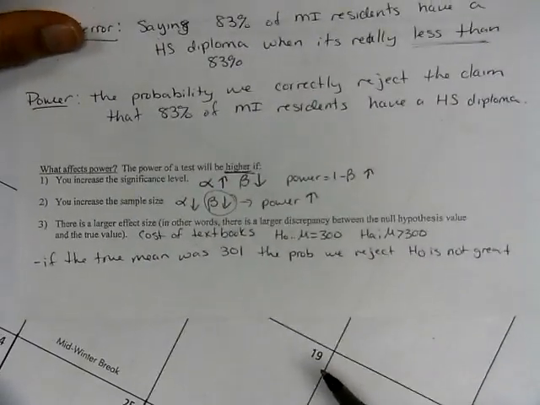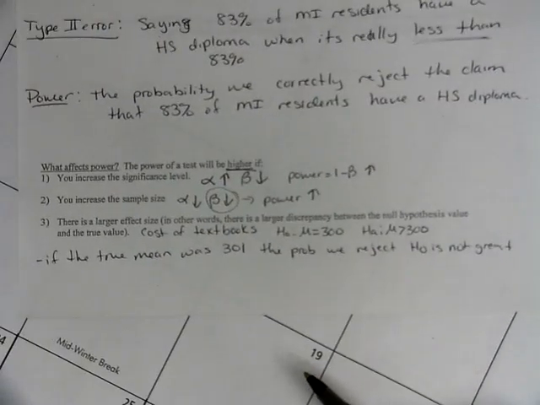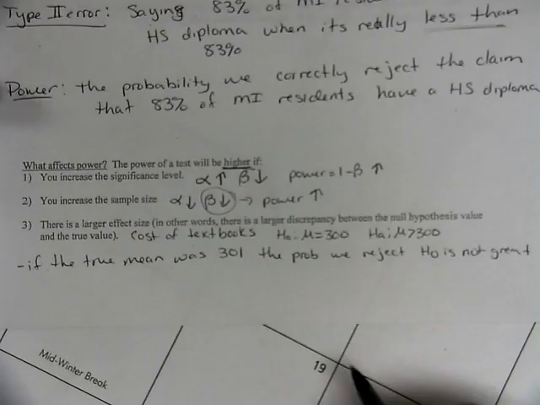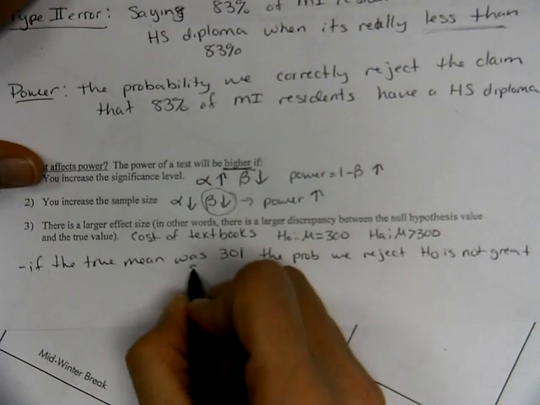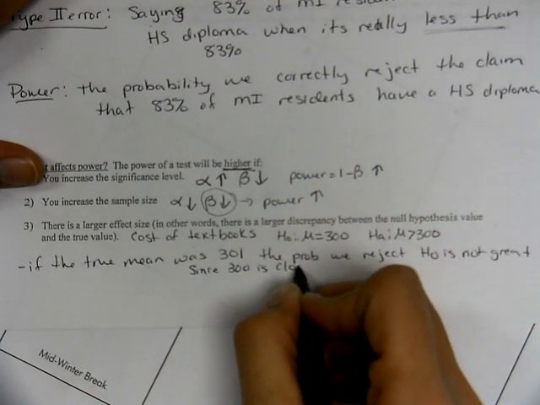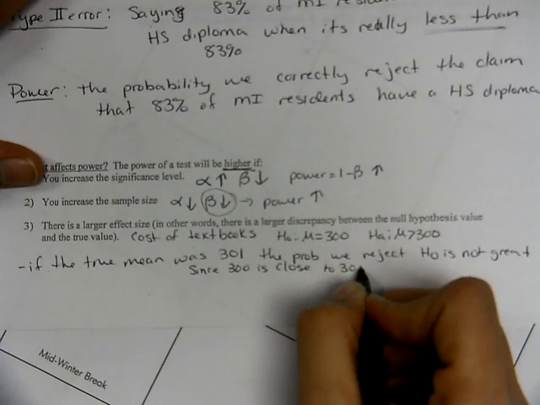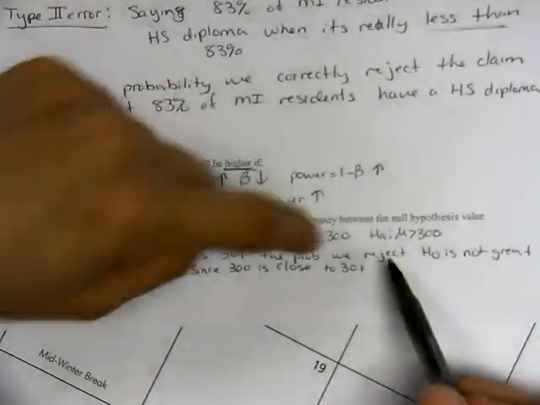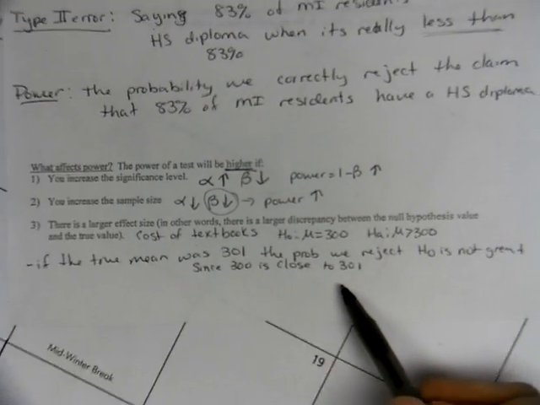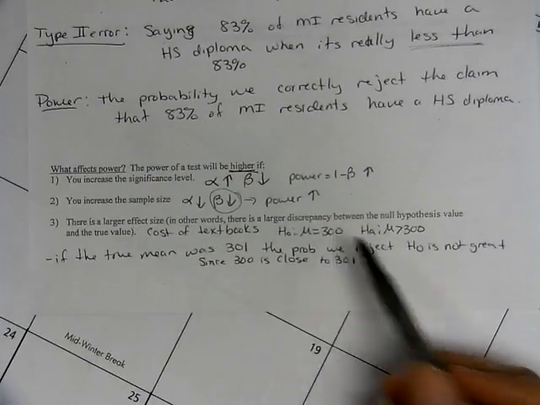I probably should word that differently, but whatever. Since 300 is close to 301, that's a small effect size: the actual true average cost of textbooks is close to what you're trying to prove.